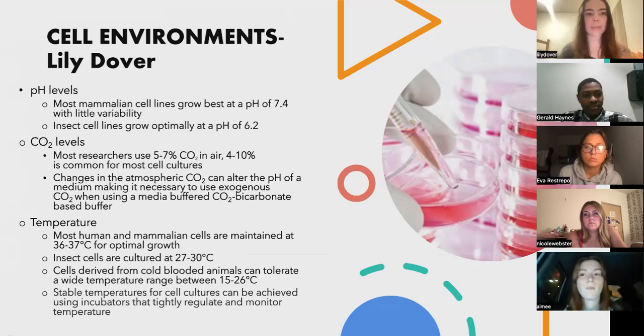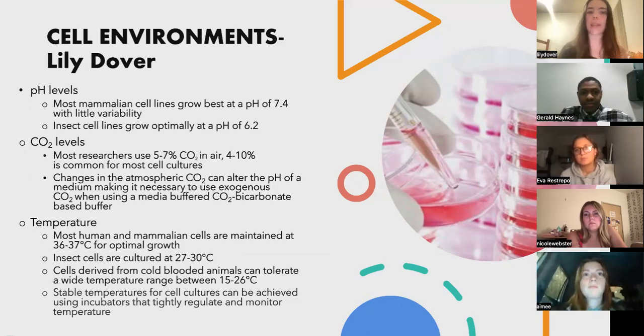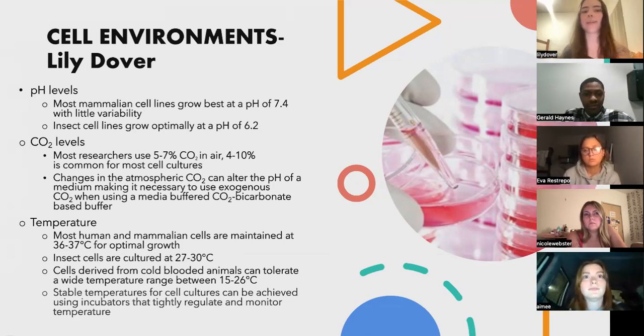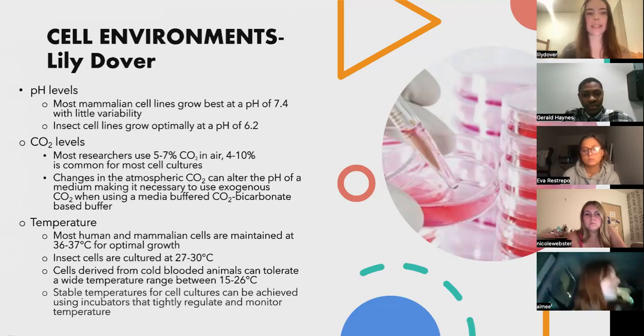And it's also important to note that changes in the atmospheric carbon dioxide can actually alter the pH of a medium, which makes it necessary to use exogenous carbon dioxide when you're using a media buffered with a carbon dioxide bicarbonate based buffer. And for temperature, most human and mammalian cells are maintained at 36 to 37 degrees Celsius for the best growth.